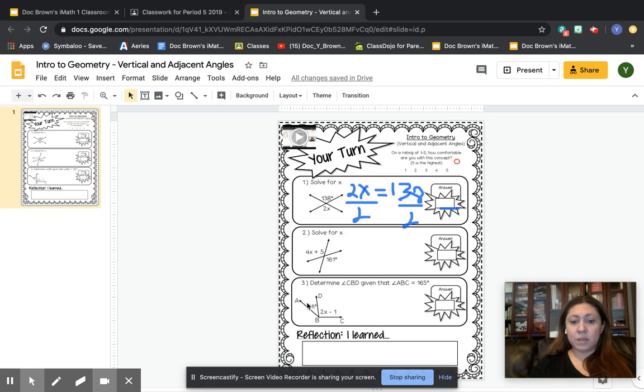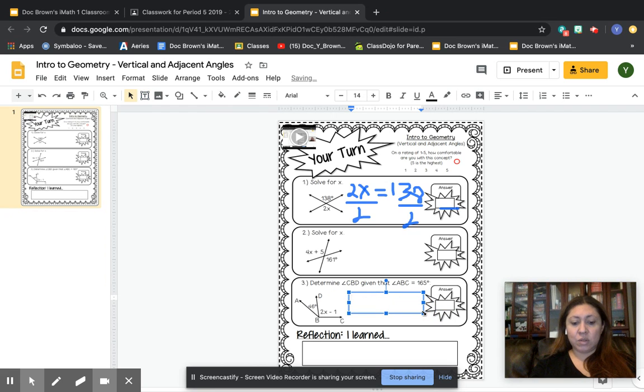This one's a little different because I give you this whole thing. I tell you ABC is 165. So this whole thing is 165. I want to know what this piece is. I want to know CBD. There's 2 ways of doing this. If you can't figure out the easy way, then you can just write the equation: 4x plus 2x minus 1 equals 165.